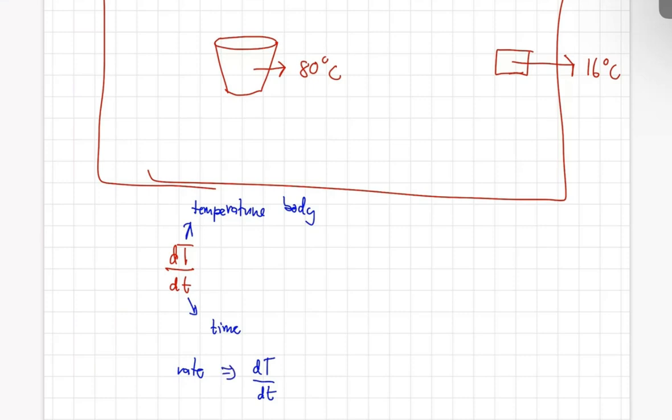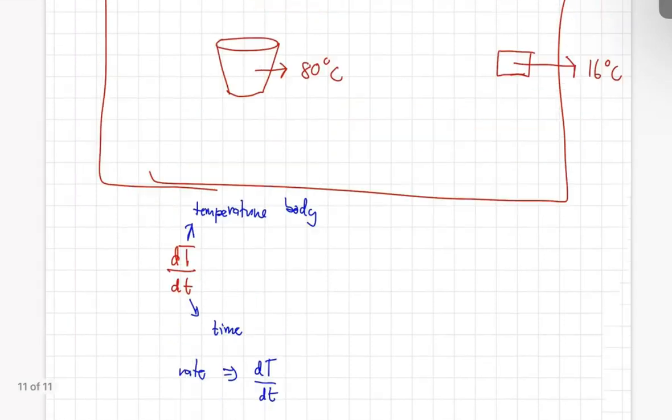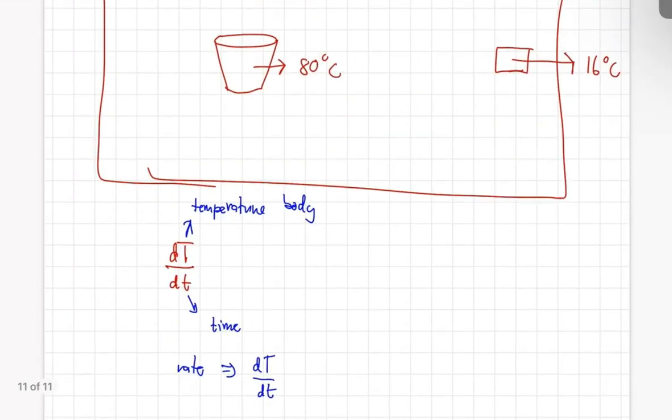So if I ask you to find the rate of volume, that means, let's say V is the volume, dV over dt. Now, what is the rate of the body temperature? dT over dt. So Newton said that the rate of change is proportional.